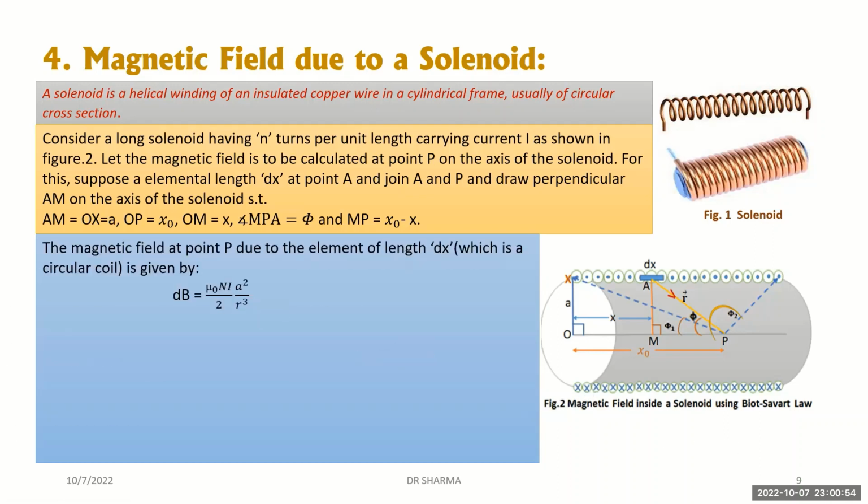That formula is mu naught N I square upon 2 r cube. In that case, this expression represented the total magnetic field, but here that circular coil is only an elemental length of the solenoid. So we write here dB.